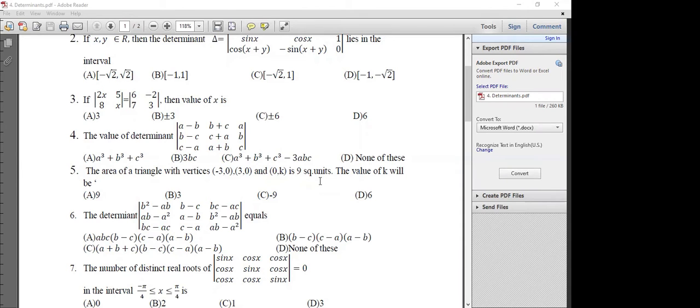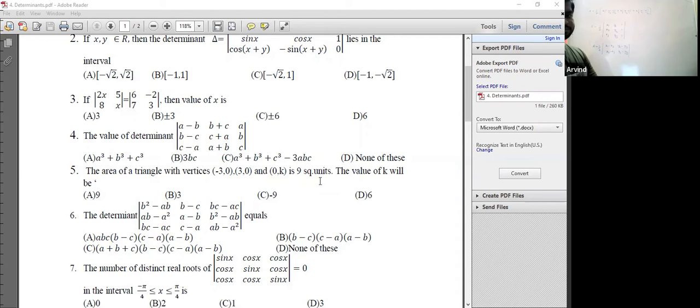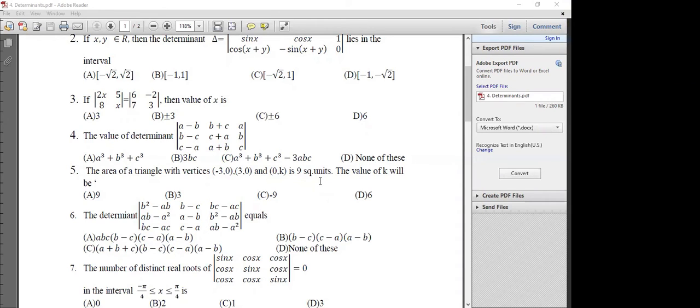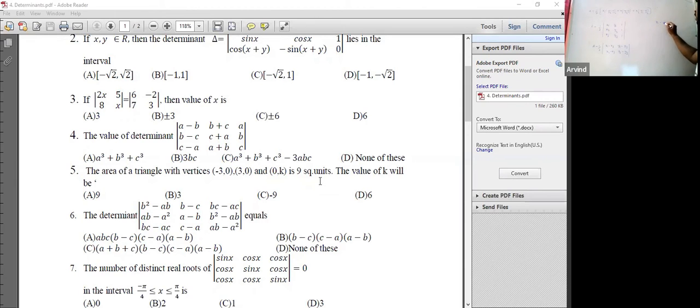Option B, sir, 3. Option B, 3. Okay. So yes, sir. x1 is minus 3, y1 is 0, x2 is 3, y2 is also 0, x3 is 0, y3 is k.